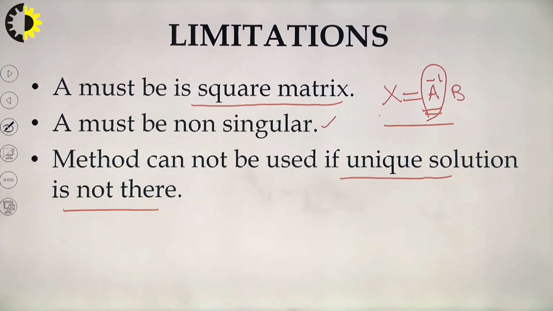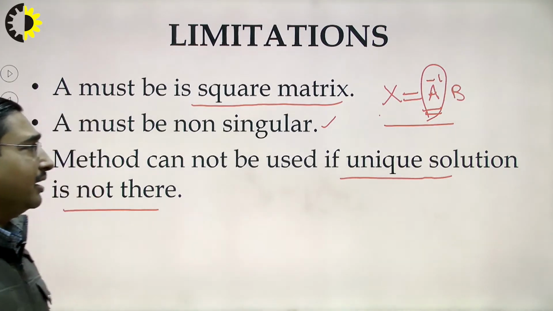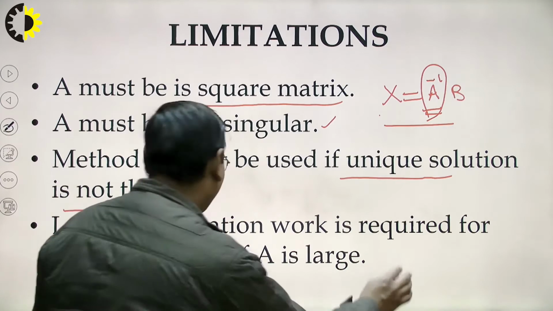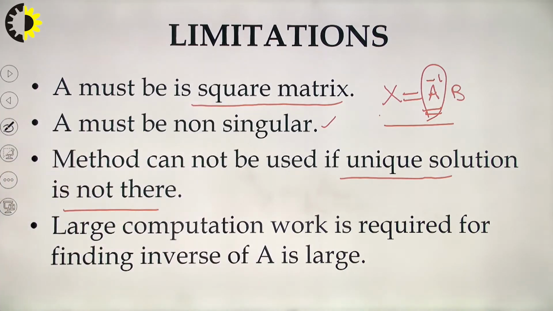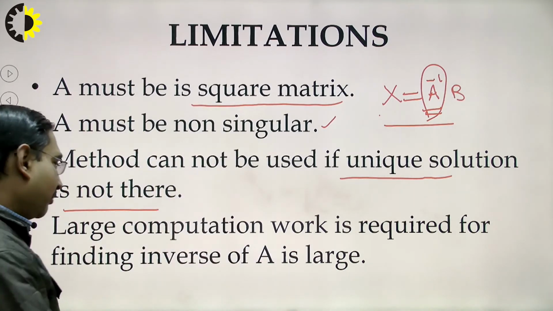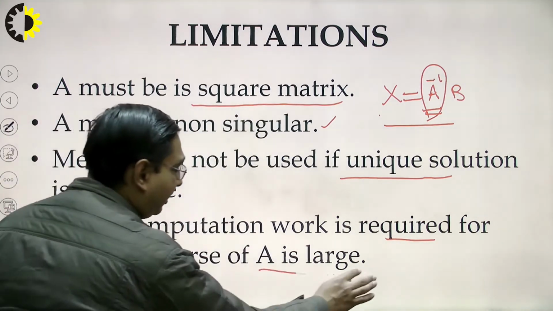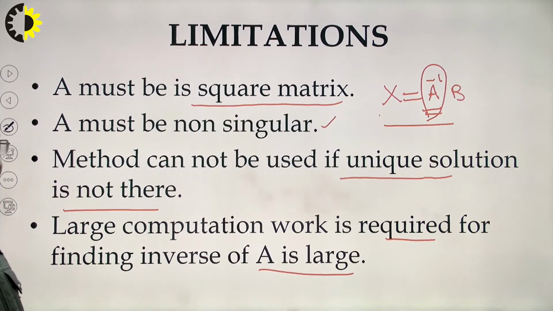One more difficulty is there regarding computational work. If the order of A is quite large, then the computational work required for finding the inverse of A is large, and in that case it will become inconvenient for us to find the solution of the system.